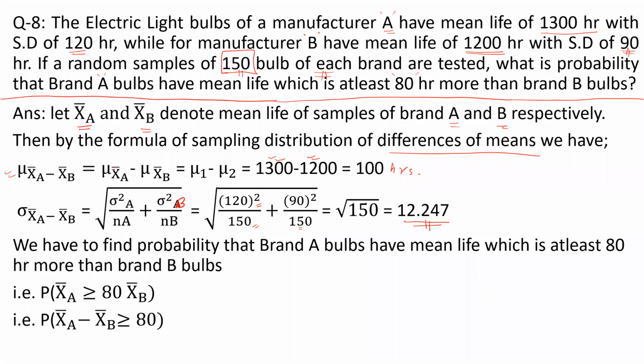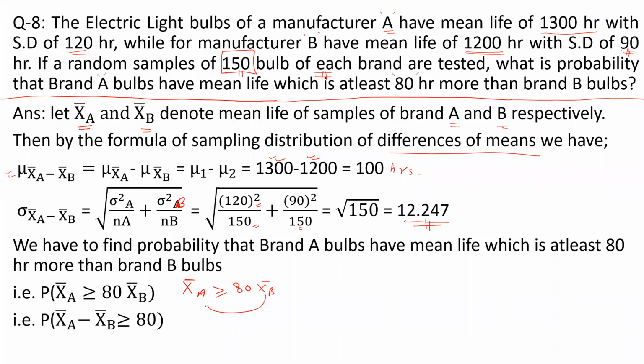12.247. Now we have to find the probability that brand A bulb has mean life which is at least 80 hours more than brand B bulb. So you can see here, I have written in this form that the mean of brand A bulb is at least 80 hours more than brand B bulb.